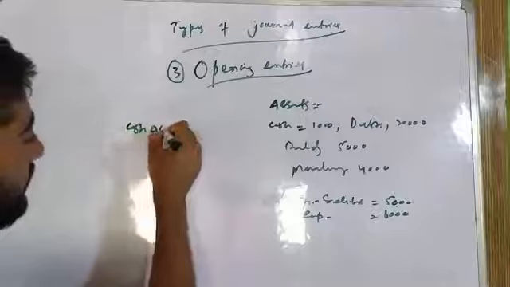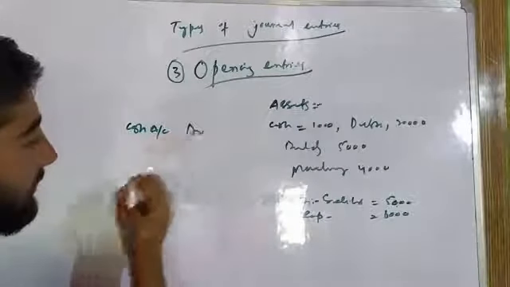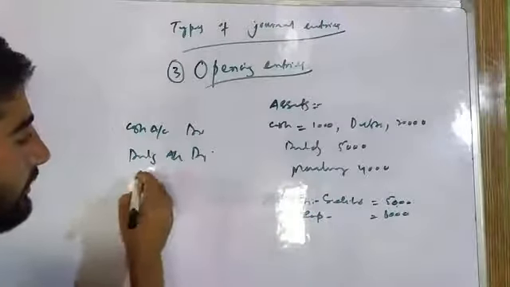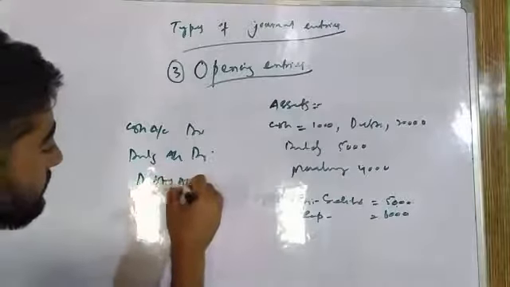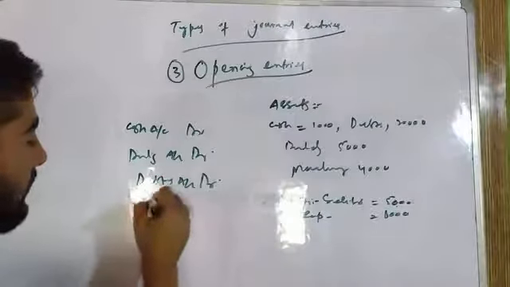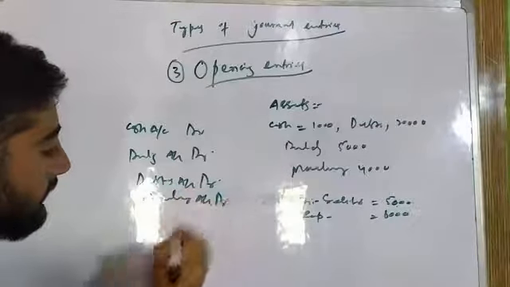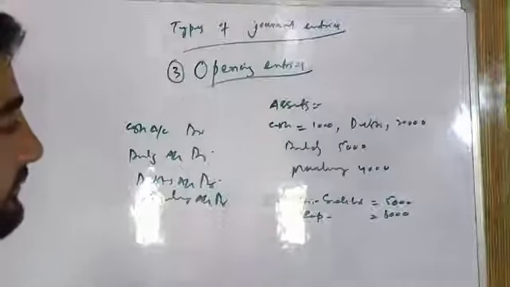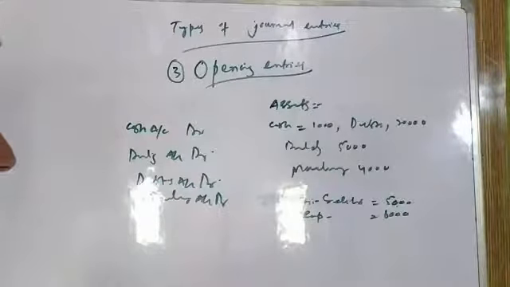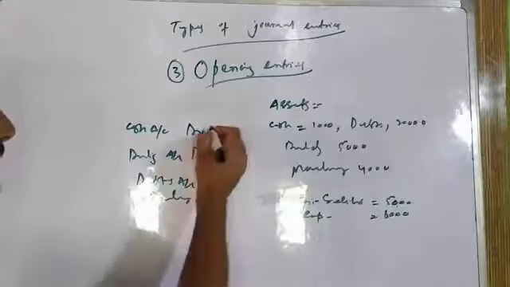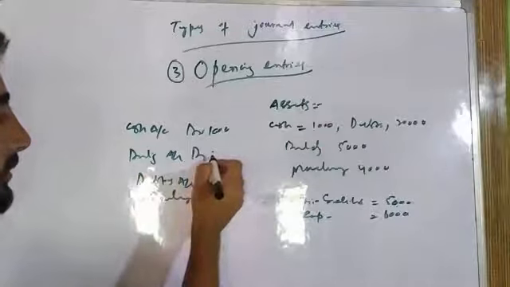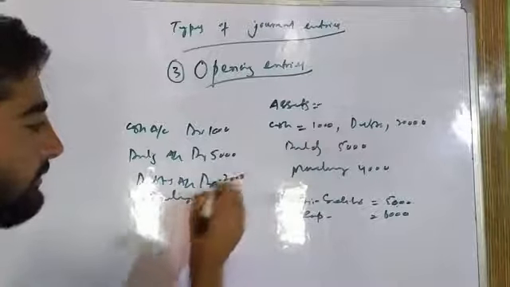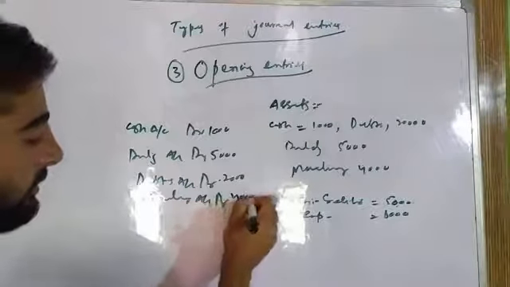Cash account debit, building account debit, debtors account debit, machinery account debit: cash 1,000, building account 5,000, debtors account 2,000, and machinery account 4,000.